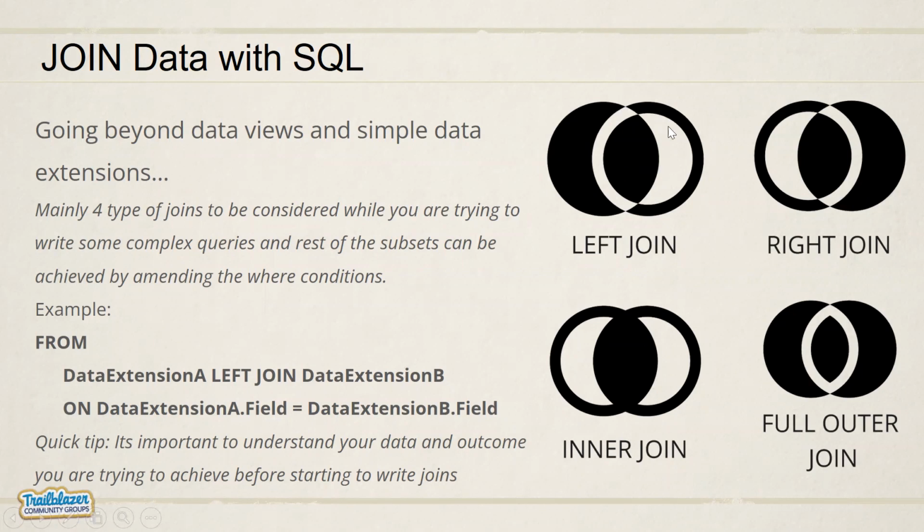I only want the people who have not purchased anything, not the audience who have purchased something. In that case, you put a where condition saying that in the orders table, or whatever your left join table is, the foreign key is null. That will give you a subset of this as well. So mainly 4 types of join, and after that, whatever you do can be controlled by your where conditions.